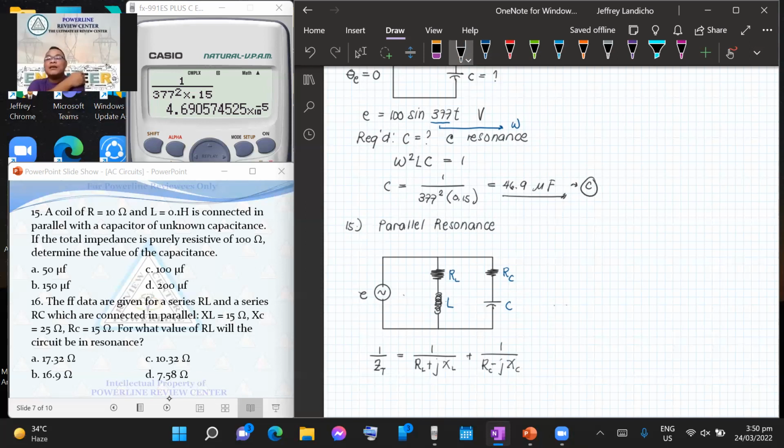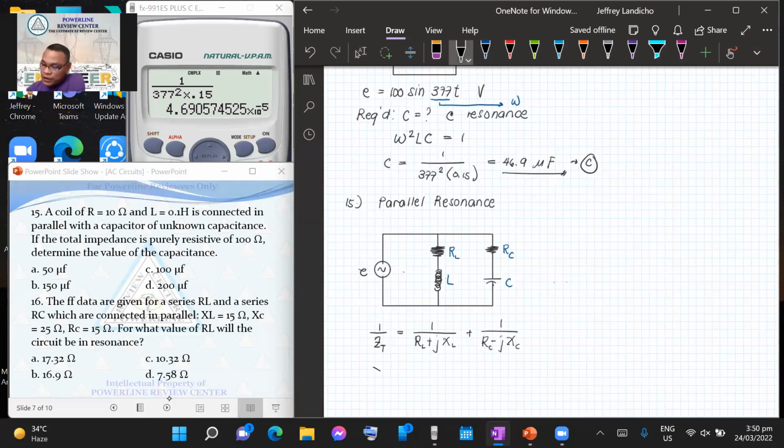So, kapares ng ginawa natin kanina for the admittance, kukunin din natin yung simplified niya. No? So, pag kinuha natin 1 over the impedance, yun na nga ay tinatawag natin admittance. So, this should be the total admittance.